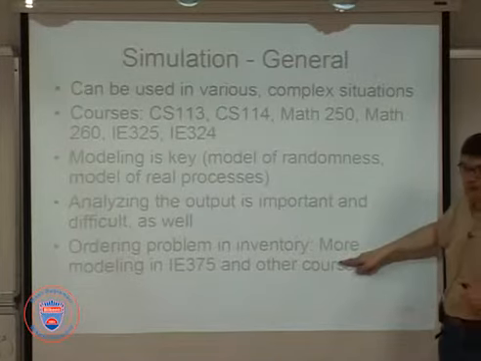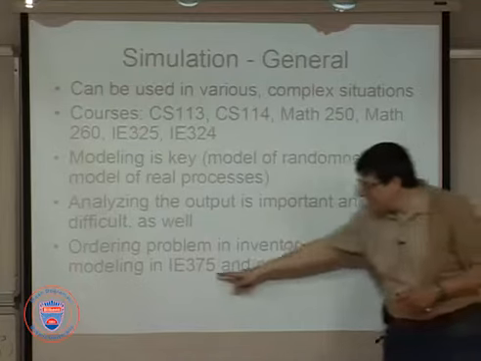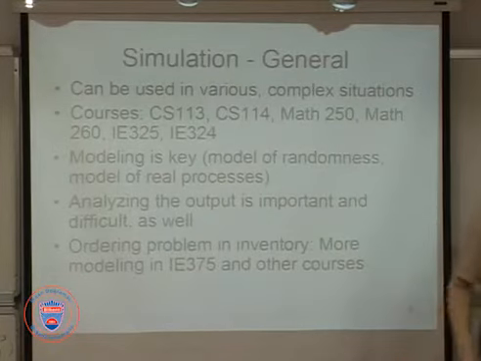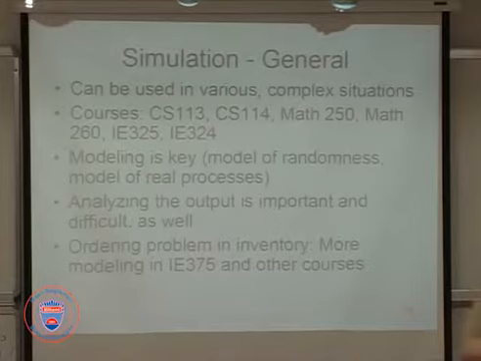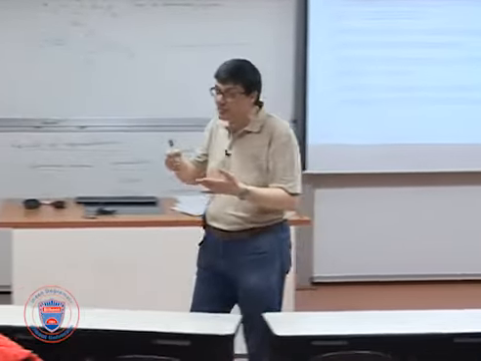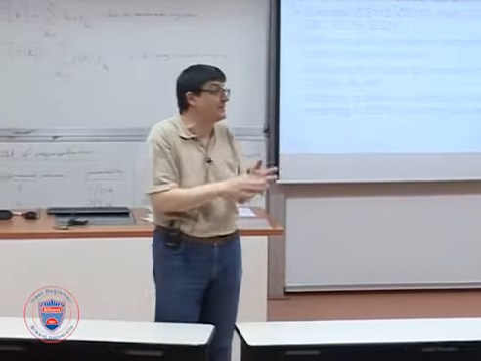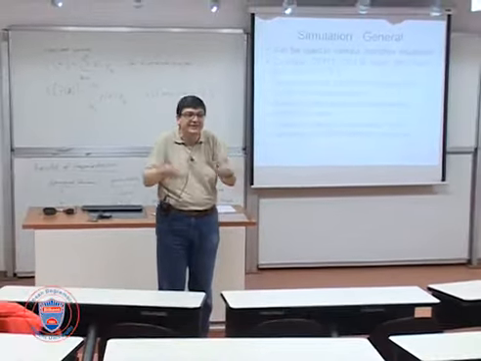Now, the ordering problem, how much should we order, is one of the issues that you're going to see in 375. So you can see that most of the things that we are mentioning are related to each other: the models that you select to solve certain problems, the approach that you take. And that's one of the reasons why I was telling you since the beginning of the semester that the courses are definitely related to each other.